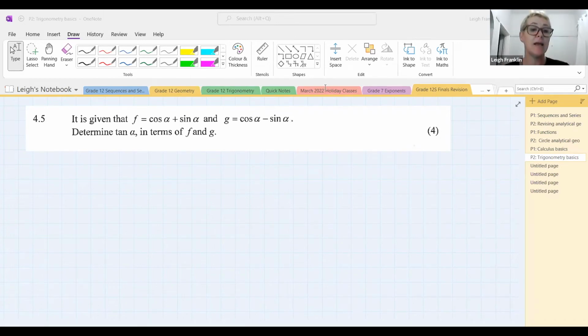But again, remember your options are your four operations. You can either add, subtract, multiply, divide. Obviously you can square and square root and stuff like that, but not in this particular case. First of all, tan alpha, what is tan alpha equal to? Think identities.